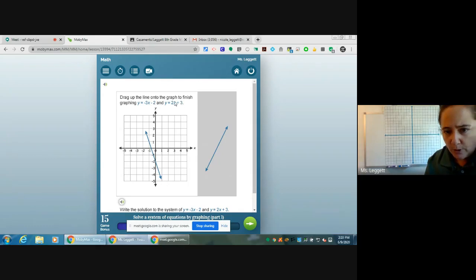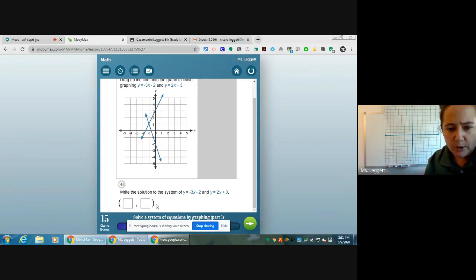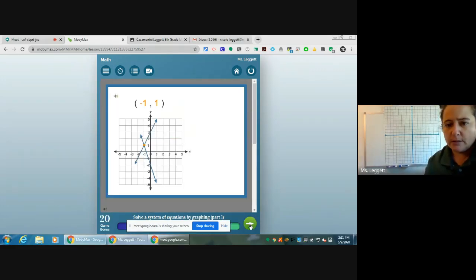So let's go to a +3 on the y-axis with our line, and I'm sure it'll just fall into place, and sure enough it did. Now it's asking, what is the intersecting point for the two lines? Well, that's right here, and that's at -1, +1. Next, next, and now we're ready for our stars.